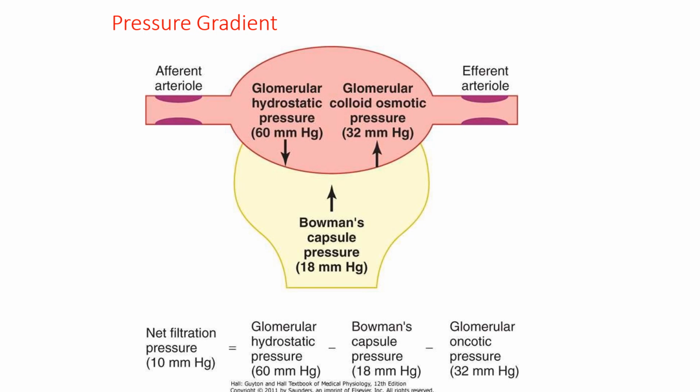So these two are opposing; only this one will be favoring along with the capsular oncotic, but that is 0. So the net filtration pressure will be glomerular hydrostatic pressure minus capsular hydrostatic pressure minus glomerular or capillary oncotic pressure. If we do this calculation, you will get a net filtration pressure of 10 mmHg.